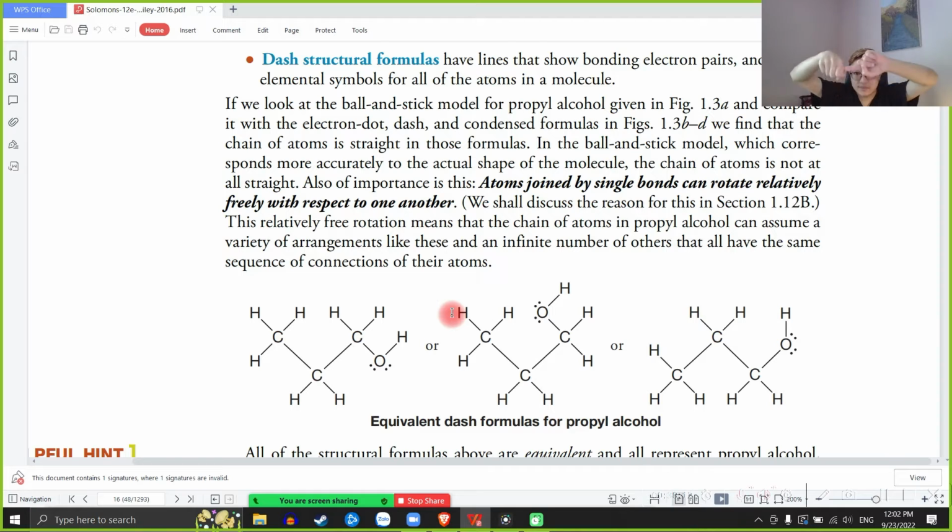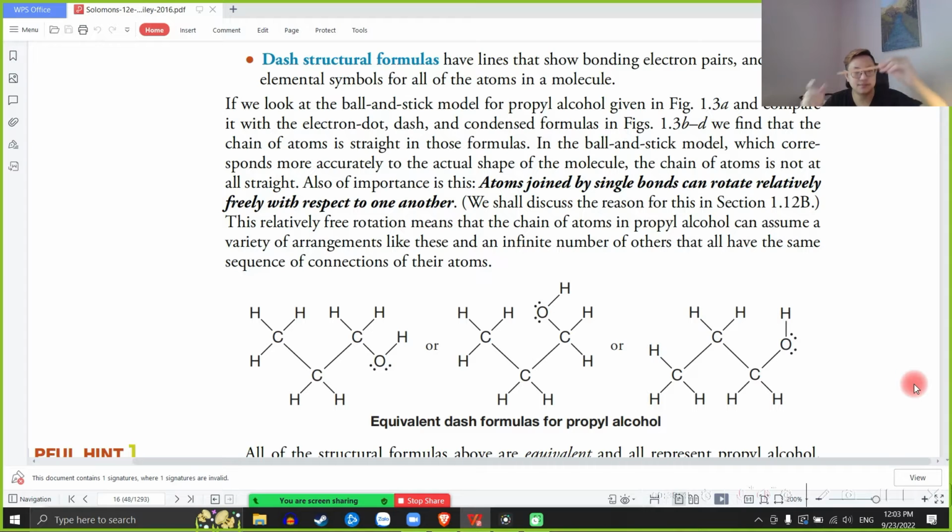So the OH here can move to this side freely, or this one can move up. They're all equivalent as long as the atoms are bonded to each other in the same way. But they can rotate relatively freely with respect to one another. This only applies to single bonds.